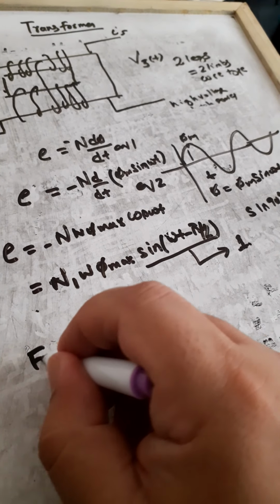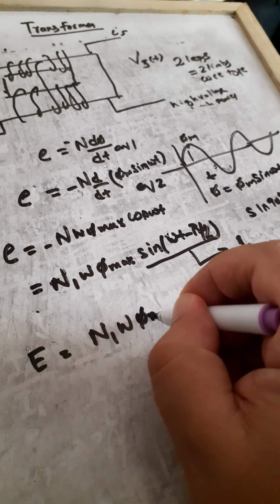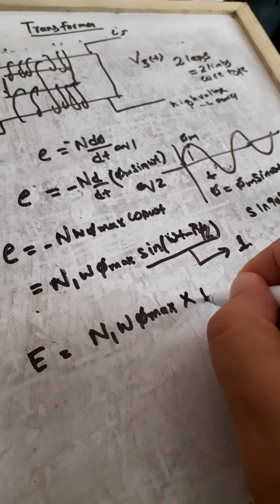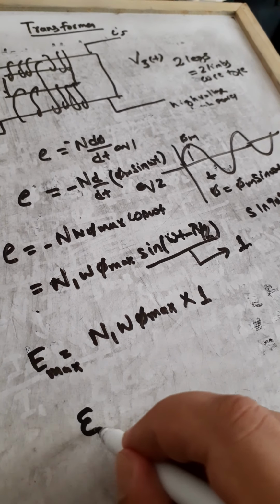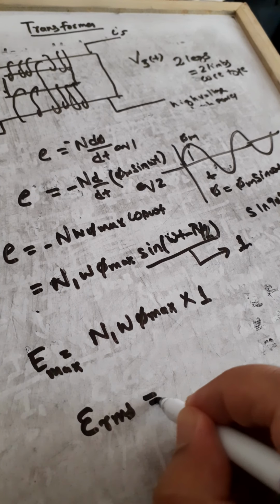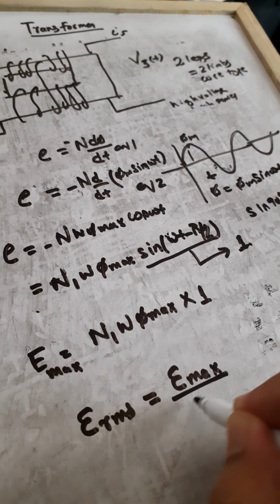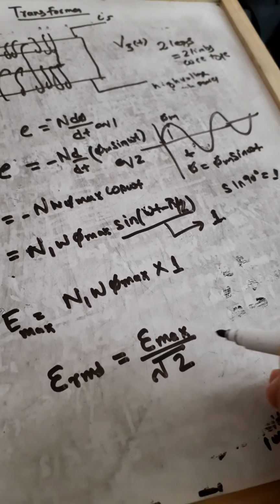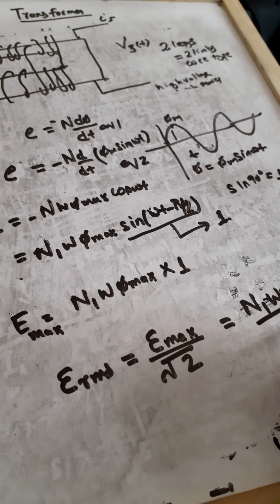So I can write E max is equal to N1 omega phi max. Now if I want E RMS, that is the actual EMF value, it is always E max divided by root 2. So this is N1 omega phi max divided by root 2.